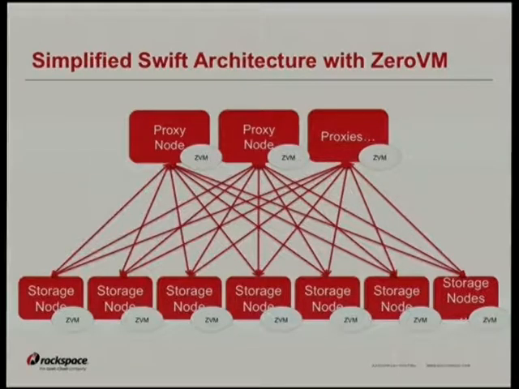So at any point when a user makes a request for a specific file, we can dynamically instantiate a ZeroVM instance on the machine where that file is hosted. It can start immediately and perform an arbitrary action on that file.